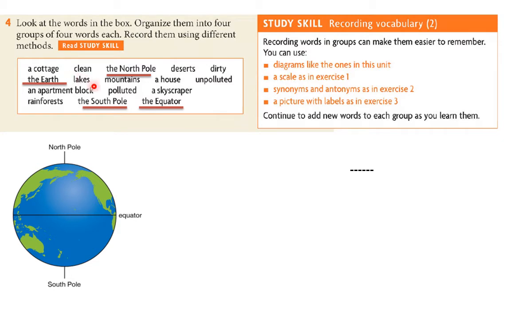So we have the second group: cottage. It could be in the same group as house, and also apartment block, and also skyscraper. So these four words are all related to a living place, but they have different sizes, so they can be organized according to scale from smallest to biggest.